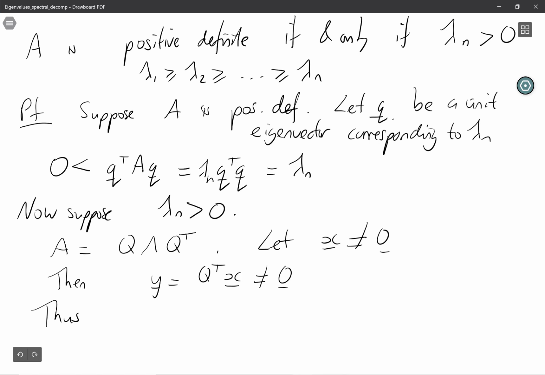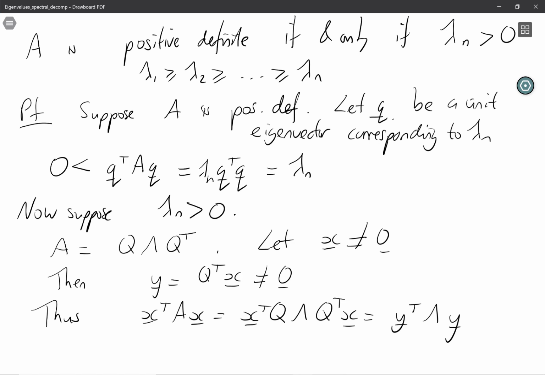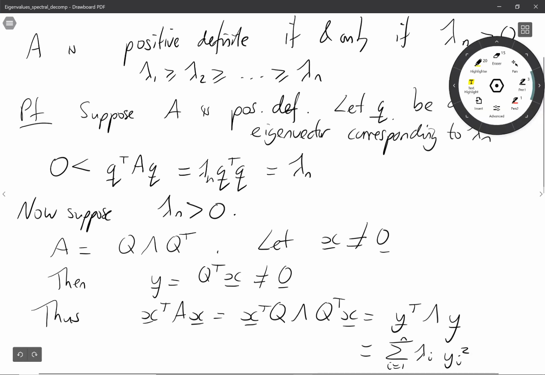Thus, X transposed AX, well, this is X transposed Q lambda Q transposed X. If we substitute Y for Q transposed X, we get this is Y transposed lambda Y. Now, because lambda is a diagonal matrix, we can see this is just the sum from i equals 1 up to n of lambda i yi squared, where yi are the components of the vector y.